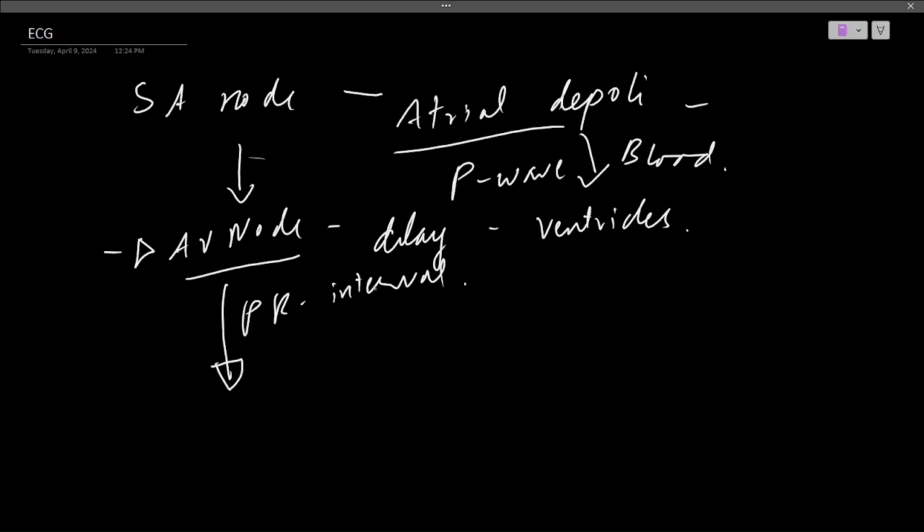From here, we go to the His-Purkinje system. The signal now travels thoroughly and rapidly through the ventricles.